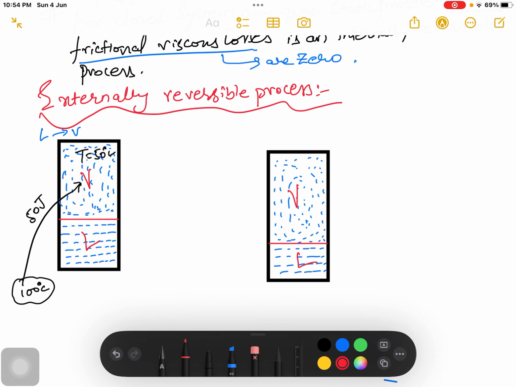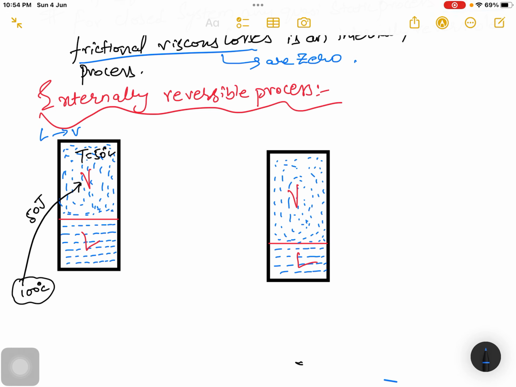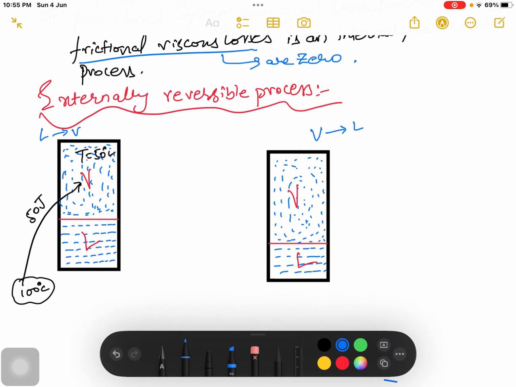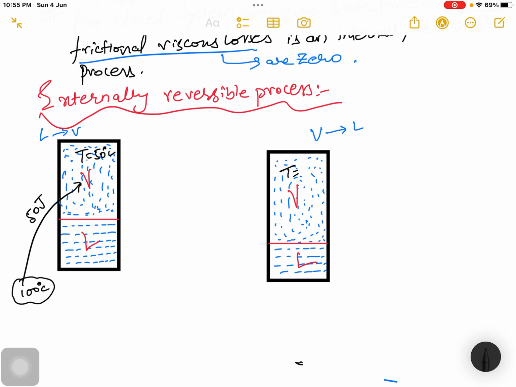Okay, so what I have to do now is convert vapor to liquid. Just observe, as I know that this temperature is 50 degrees centigrade and the source temperature is 100 degrees centigrade.